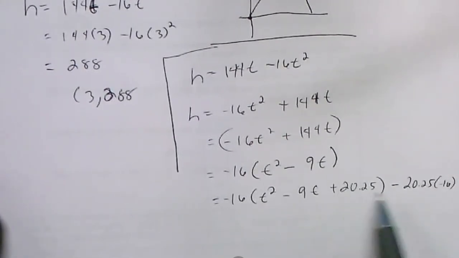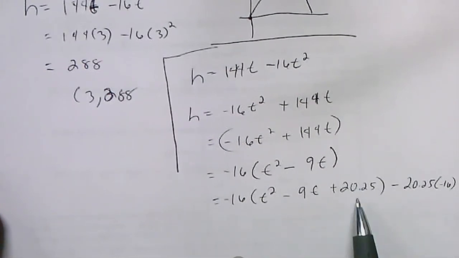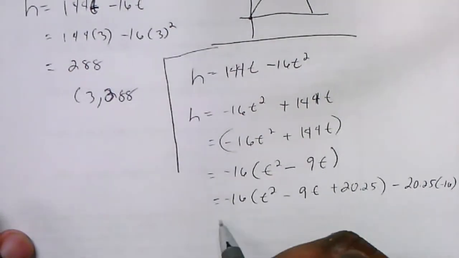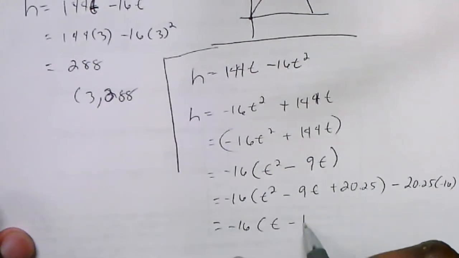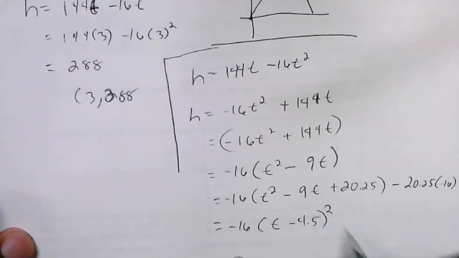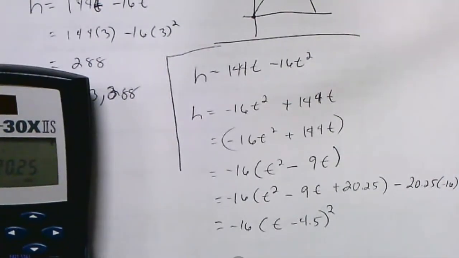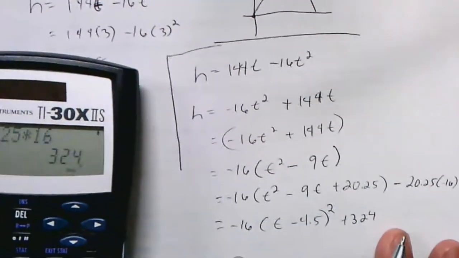I didn't write my c and then c times negative 1 or plus 0 to the end, but that's the process. You find c inside, subtract it outside, and multiply by the a value. So this would wind up being in vertex form, negative 16 times t take away 4.5 squared, and then that product is 324, so plus 324.